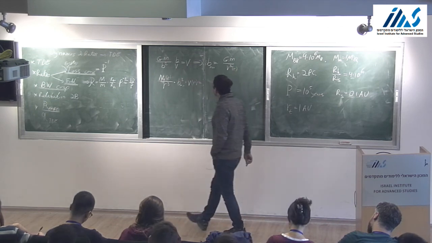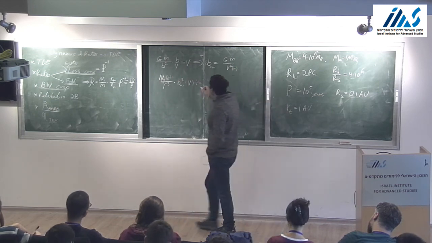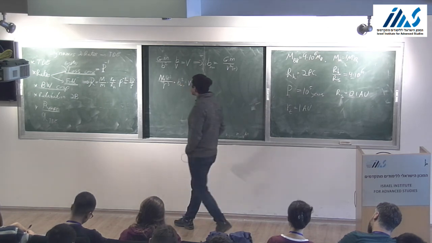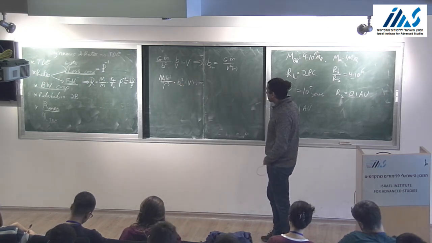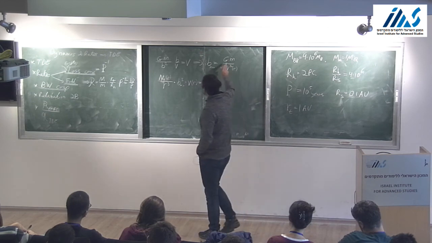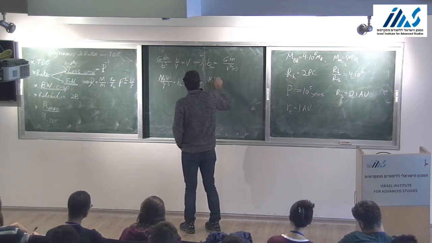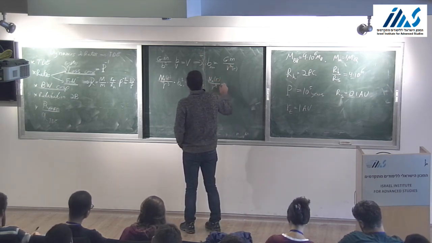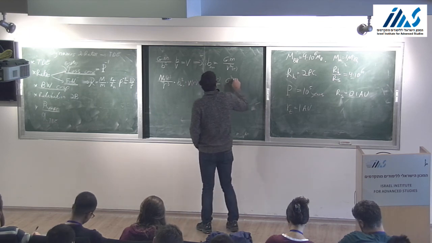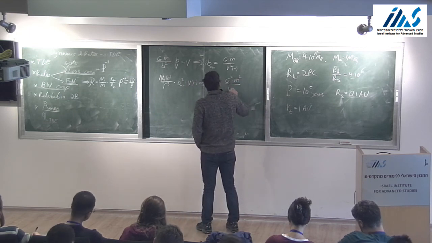This v is a function of r. And the inverse of that is the time, or this is the rate if I don't take the inverse of that. And if I plug this in, I get n star divided by r cubed, GM v cubed.